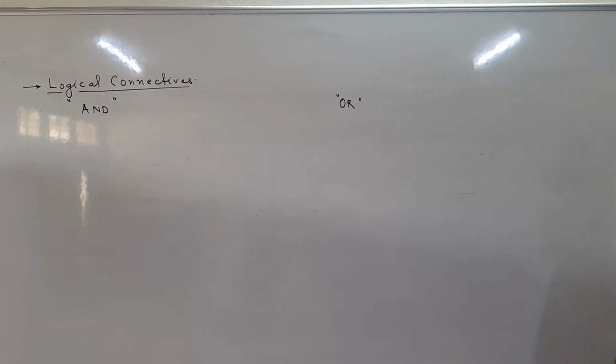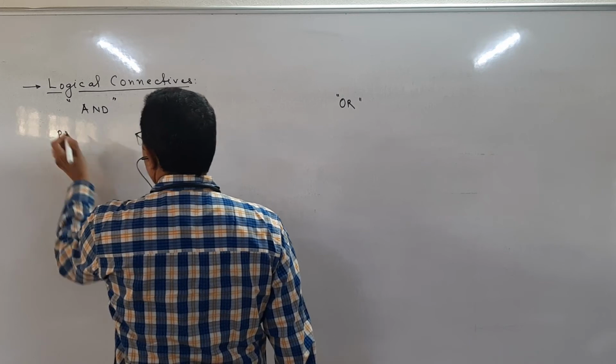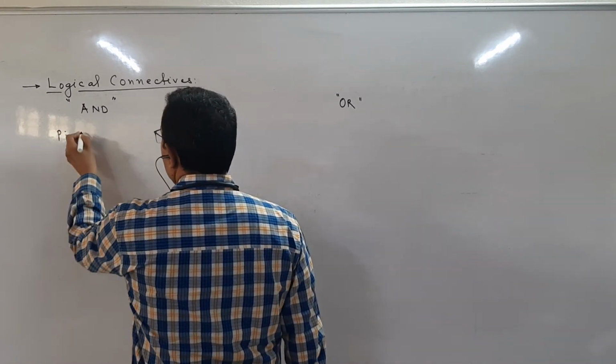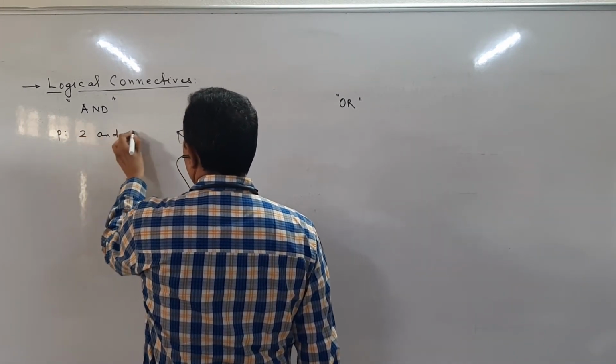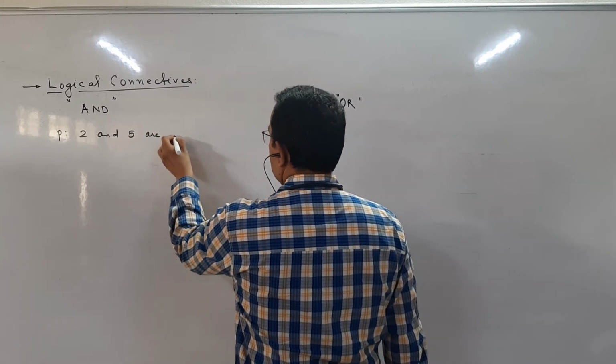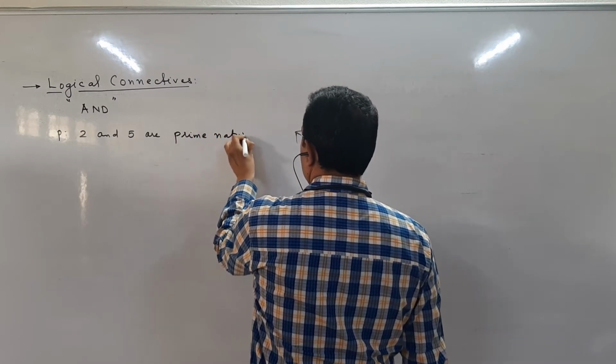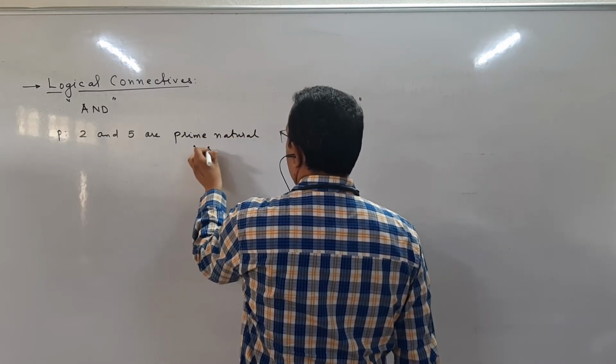Now students, let us understand this with the help of an example. Say statement P, I write: 2 and 5 are prime natural numbers.